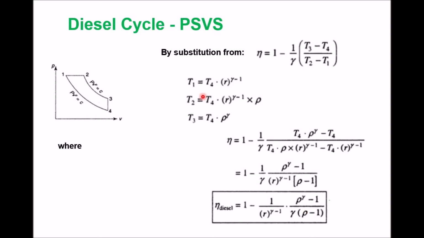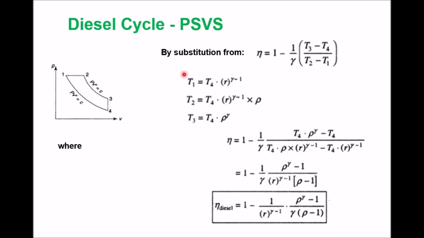And now we have derived the expression for T1, T2, and T3 in terms of T4. So that is what we derived: T1 from process 4 to 1, T2 from process 1 to 2, and T3 from process 2 to 3, as we have discussed in the previous slides.